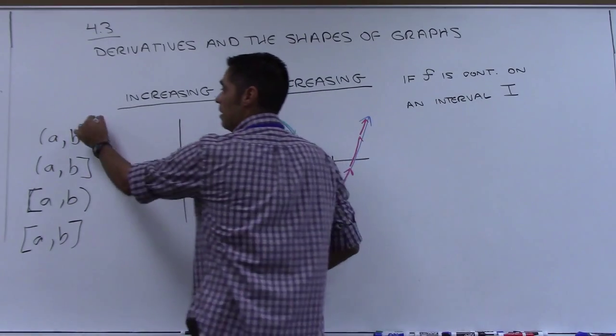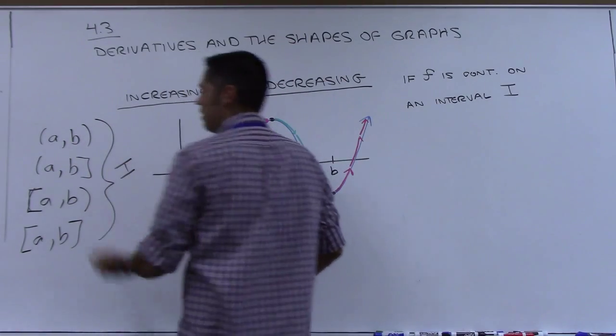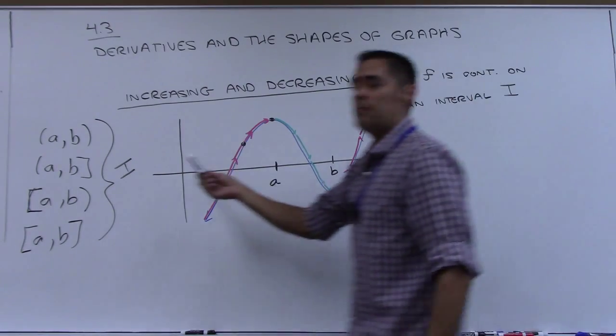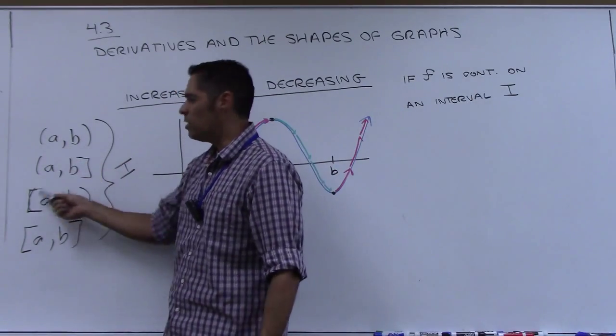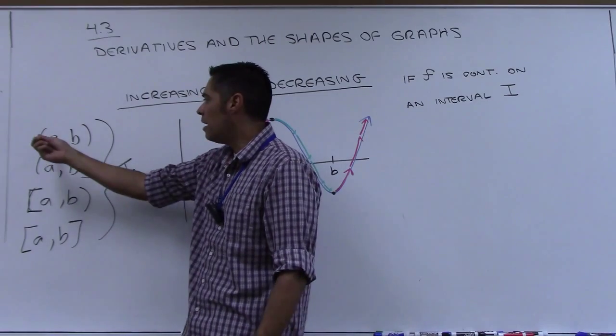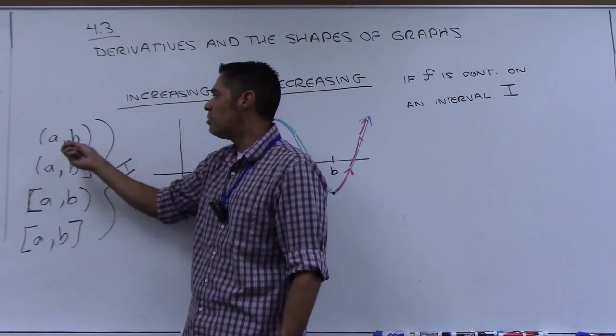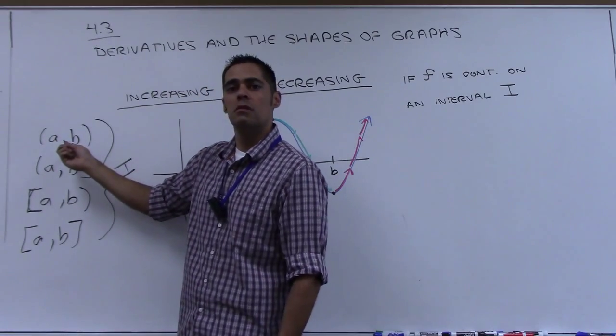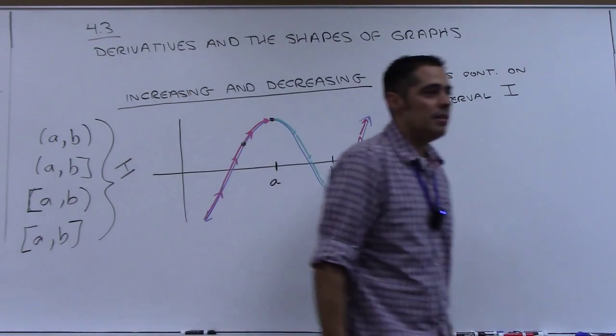Any of these count here. Also a and b can be infinity, except you wouldn't use brackets on infinity. So you could have negative infinity to infinity, or negative infinity to 4. There are a lot of different things we could have in there.